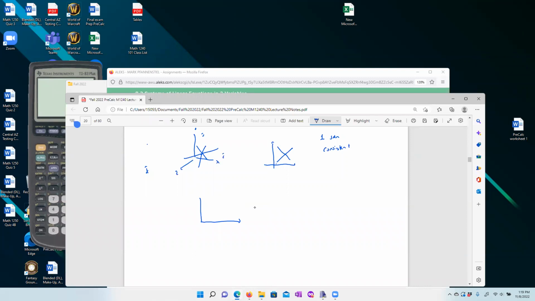In two dimensions, we can get two lines that are parallel to each other and don't meet. This is what they call inconsistent. In three dimensions, x, y, and z, we have something called skew, where we have a line, another line, and then a line that doesn't intersect anything, it just kind of plays like that.